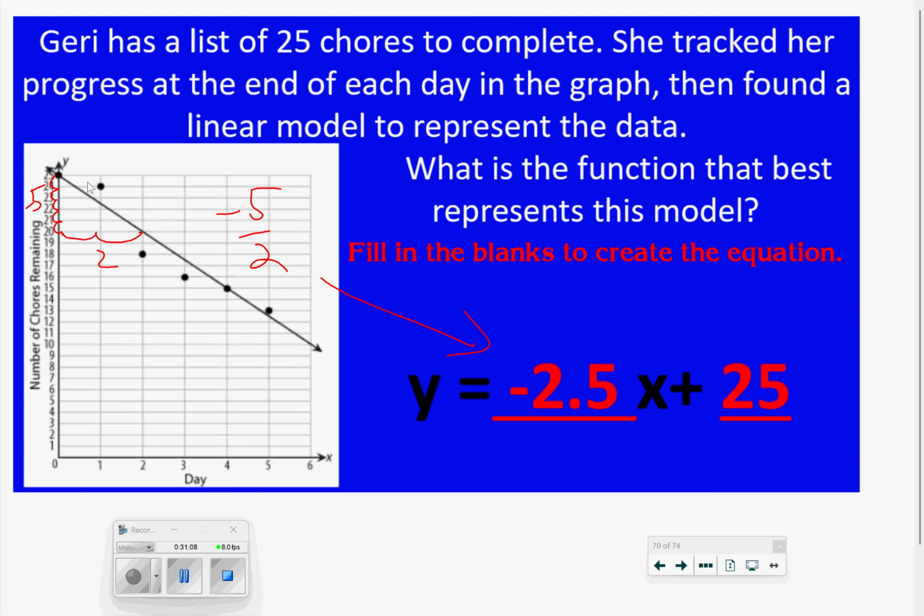I'm going to go down 5 and over 2, and that's my slope. So I go down 5 and over 2, and that's negative 5 over 2. When you divide that, you get negative 2.5. And the y-intercept is where it crosses the y-axis, right here at 25.